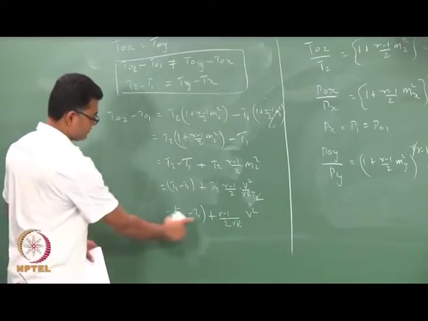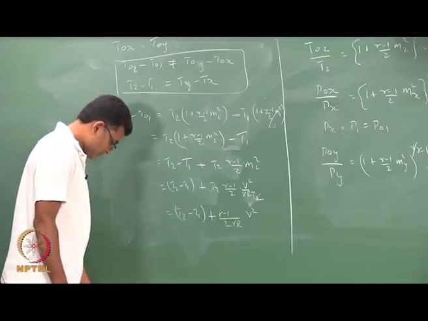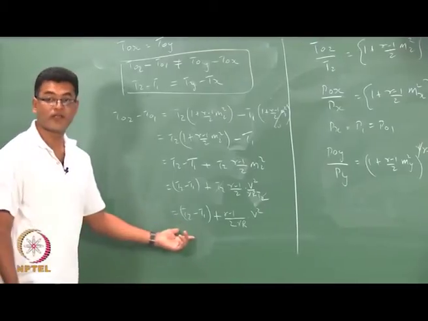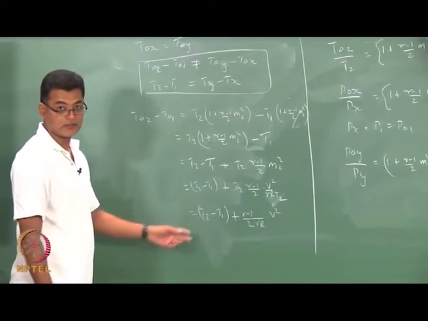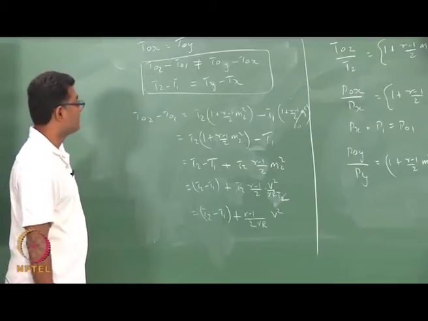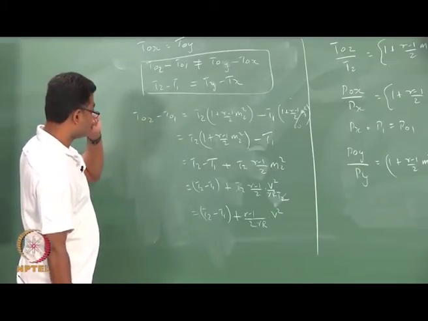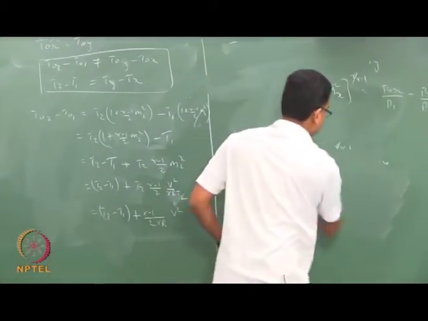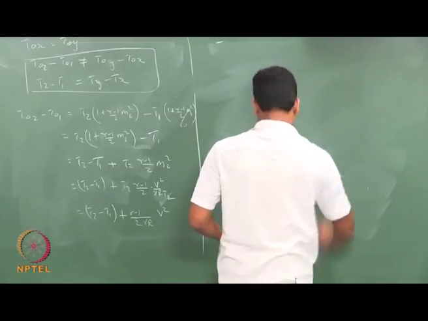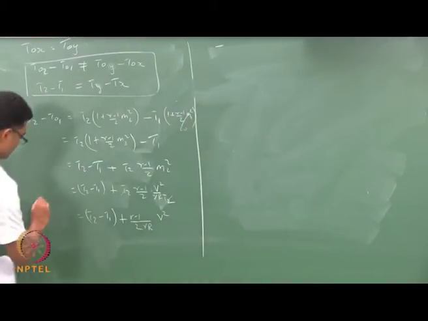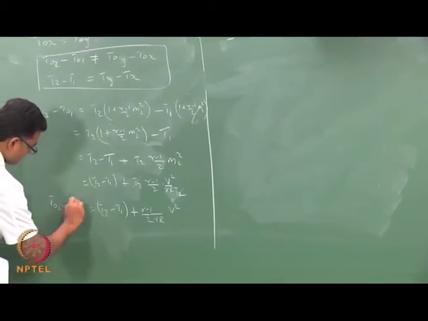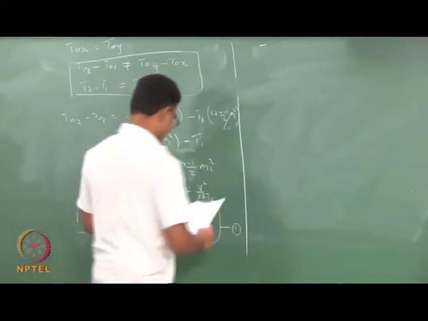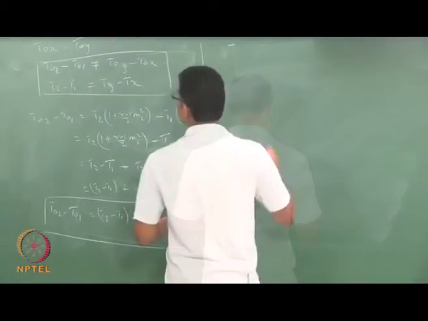Now, if I substitute T2 minus T1 in terms of velocity, then I can get this whole equation in terms of velocity, which is not equal to this quantity, which I will do that here. So, this is my equation 1.